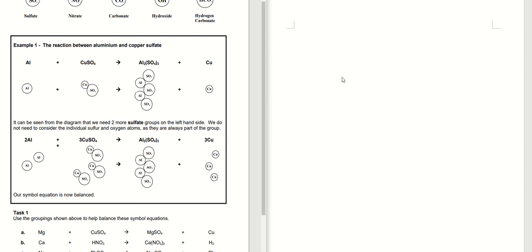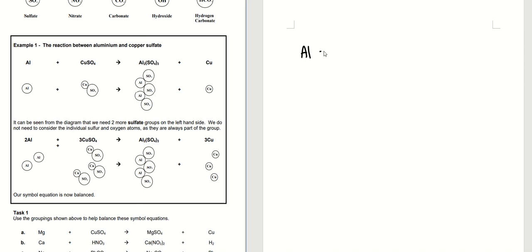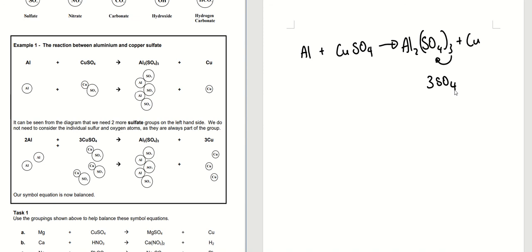So we have Al plus CuSO4, and it becomes Al2(SO4)3 plus Cu. Now this 3 means we have 3 groups of SO4. Okay, so that's what it represents.